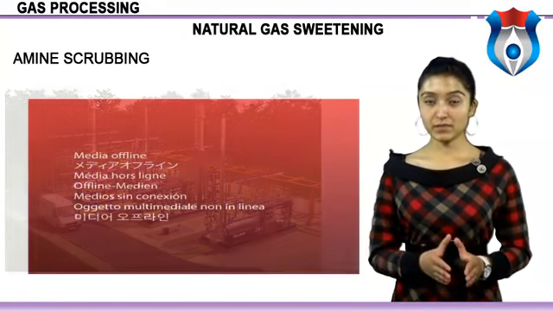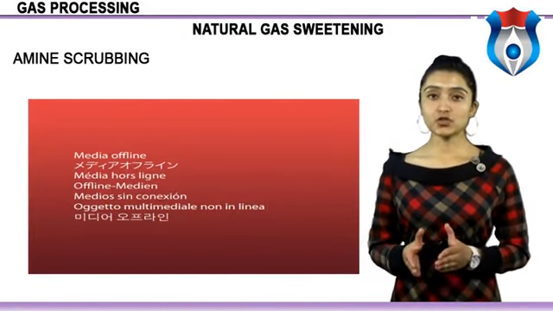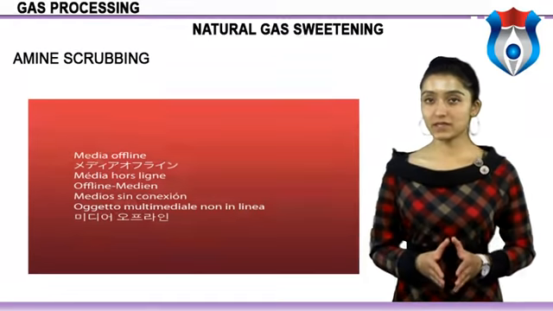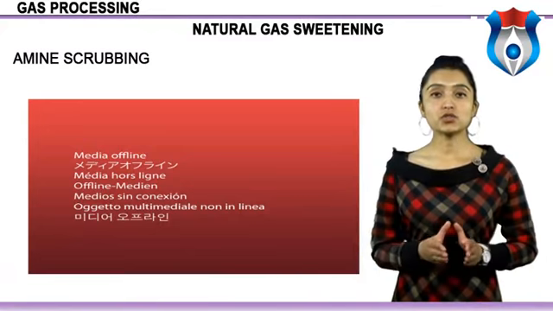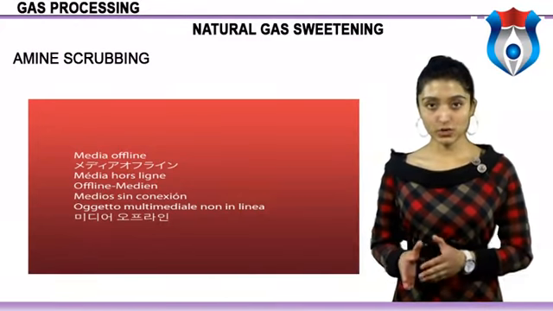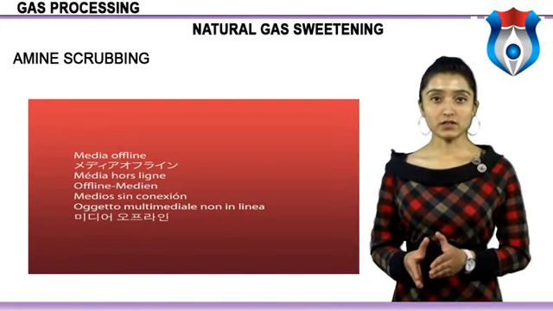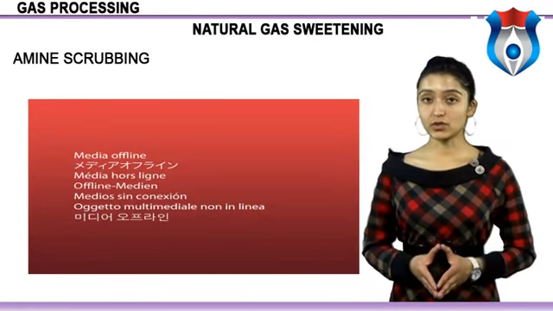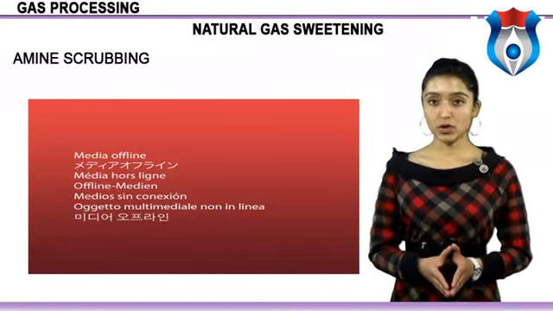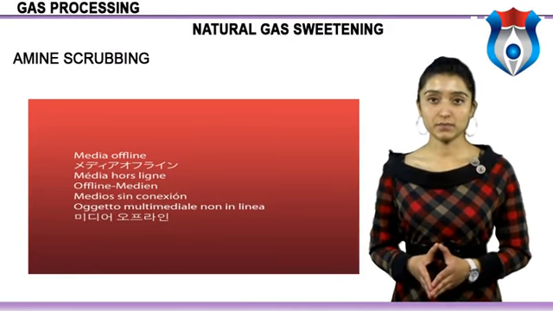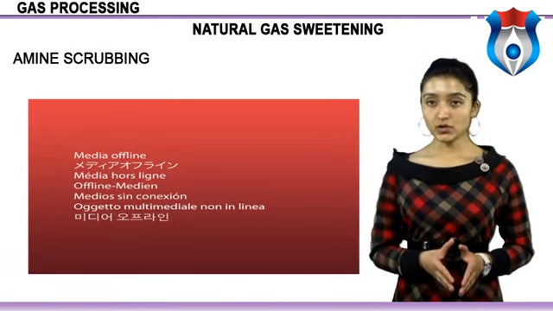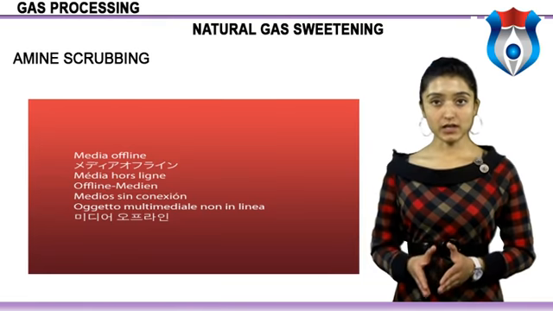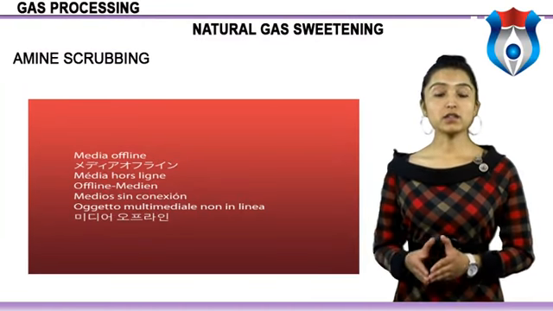Amine scrubbing. Amine gas treating refers to a group of processes that use aqueous solutions of various amines to remove hydrogen sulfide (H2S), mercaptans and/or carbon dioxide (CO2) from gases through absorption and chemical reaction. It is a common unit process used in refineries, petrochemical plants, natural gas processing plants and other industries.